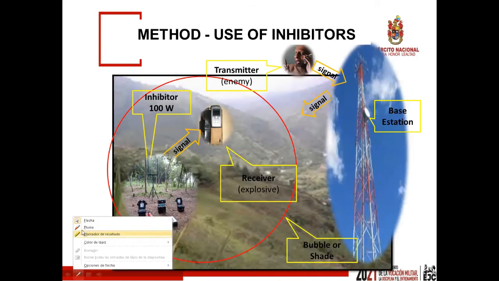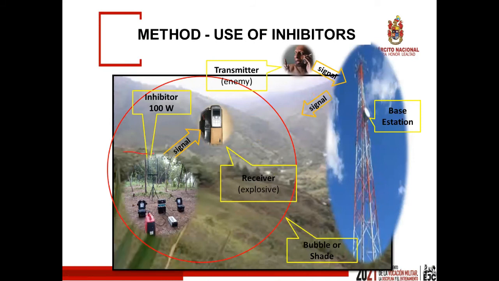So the way that this equipment works is through the two antennas, and this equipment is able to block the signal around 50 meters, 100 meters more or less.